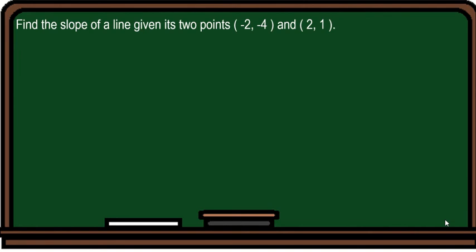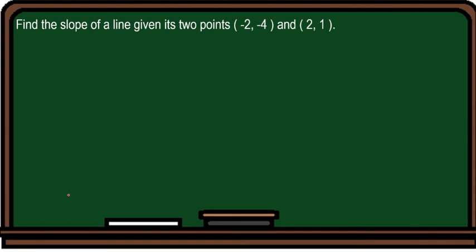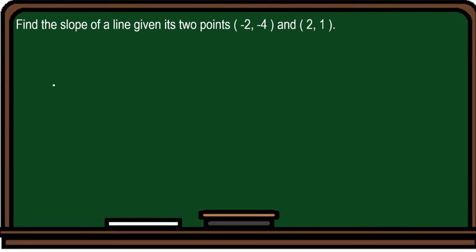Let's have our example. Find the slope of the line given 2 points, (-2, -4) and (2, 1). Now, we will identify first what is x sub 1, what is y sub 1, para hindi kayo malito in putting these 2 points in the formula. So, first ordered pair, we have x sub 1 and y sub 1.